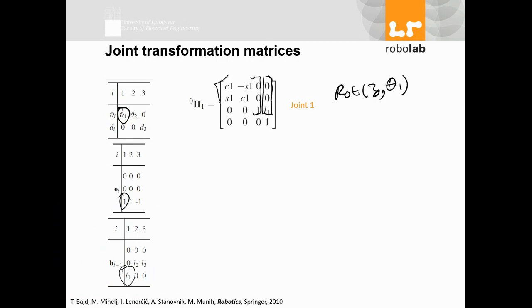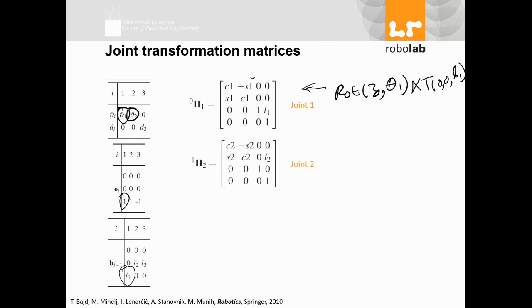So rotation times translation of 0, 0, L1, which gives me this. For 2, I again have rotation around Z, but this time a fixed, not variable, translational displacement L2, which means rotate around Z with theta 2 times translation of 0, L2, and 0, which gives me this.